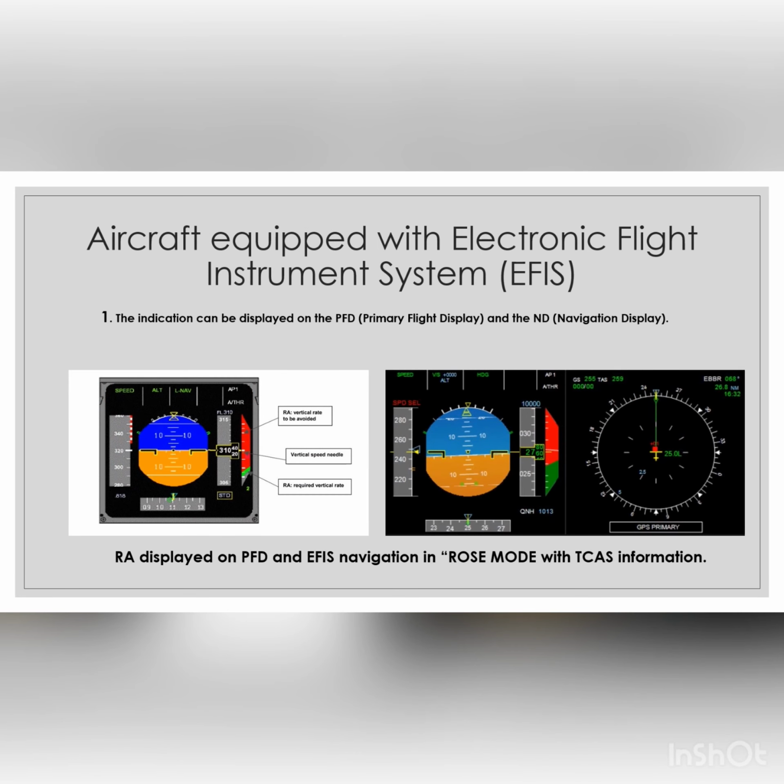Next is on aircraft equipped with electronic flight instrument system, EFIS. This indication can be displayed on the primary flight display and navigation display. The TCAS display detection capability is limited to intruders flying within 30 nm horizontally and 9,900 feet vertically.